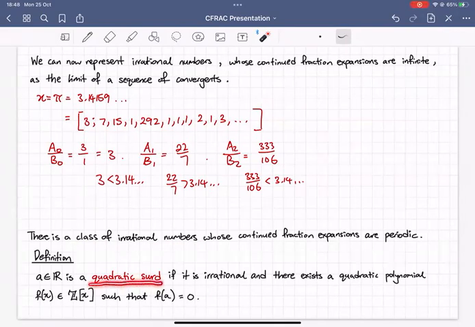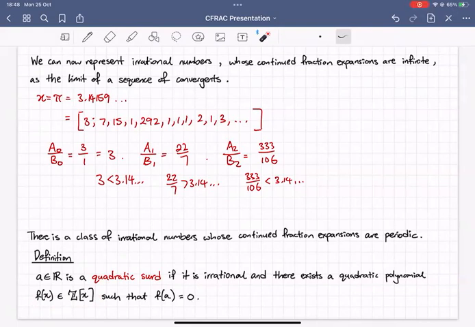So a real number is a quadratic surd if it is irrational, and there exists a quadratic polynomial, in the polynomial ring. This basically says that your polynomial has integer coefficients.